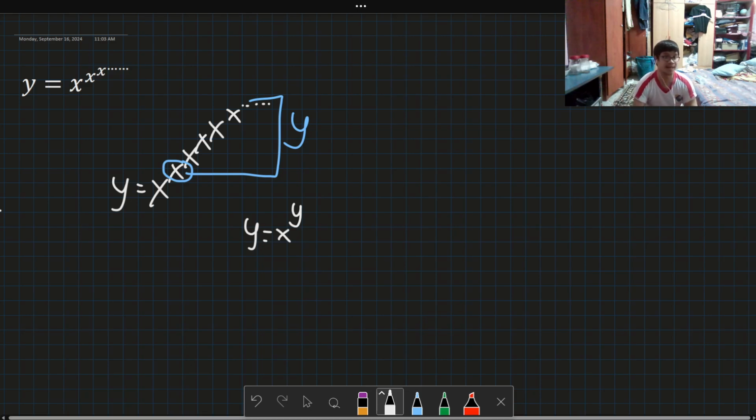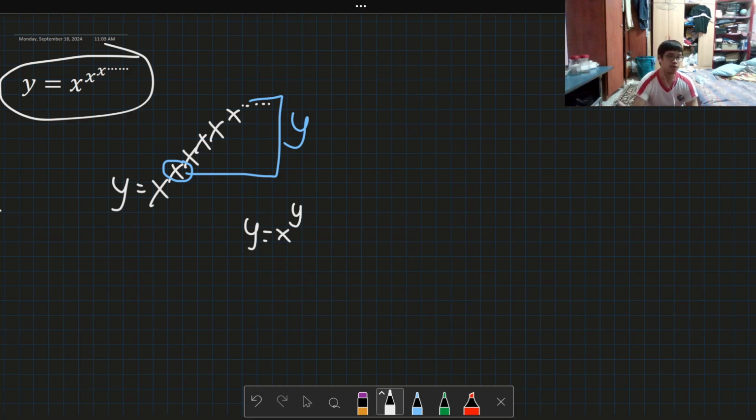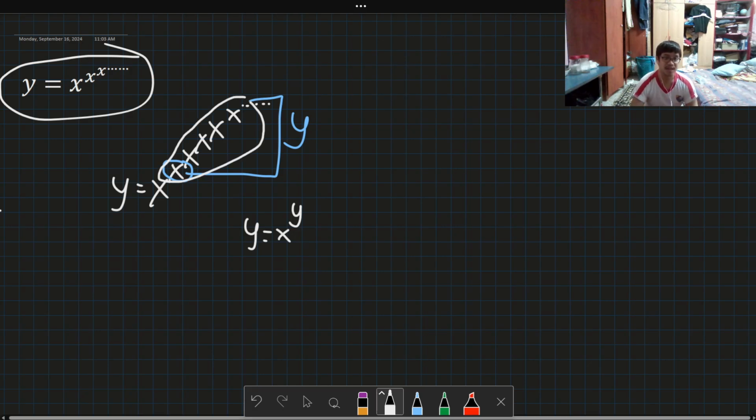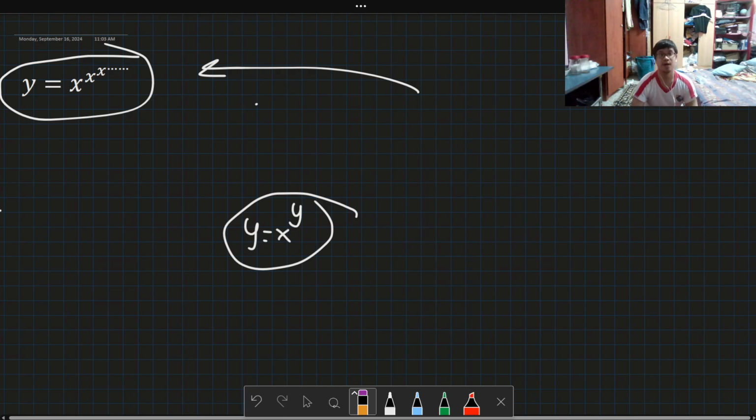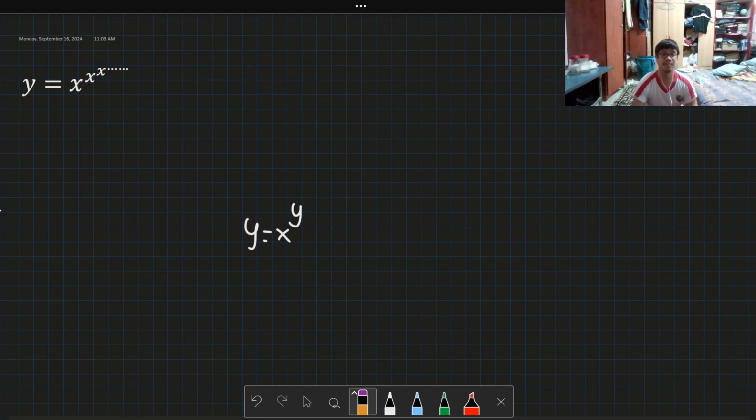I can do that because since y is equal to x raised to x raised to x and so on, in one portion we can substitute it as y. So instead of having these, we can have this instead, which is much more simplified and better.